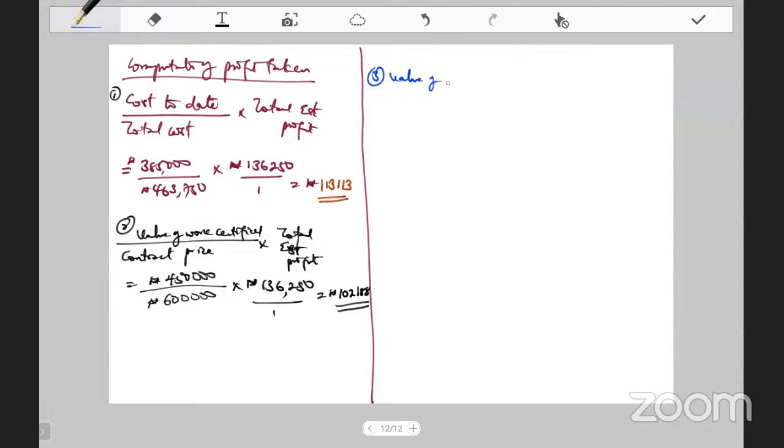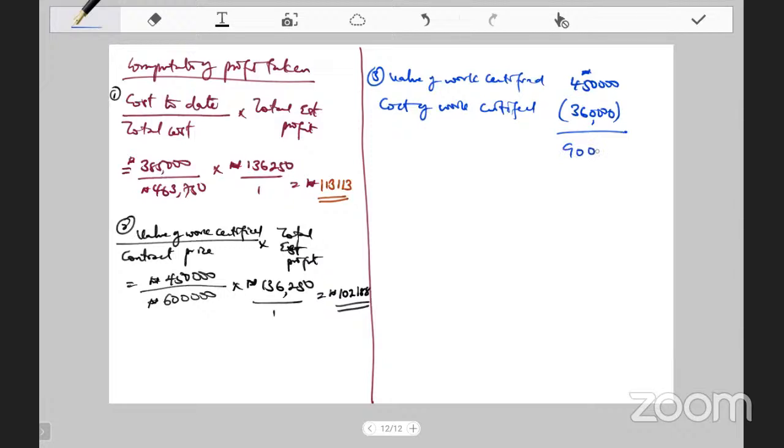Value of work certified, which is 450,000, compared to cost of work certified, which is 360,000. What's the difference of that? 90,000. Now, class, out of the three elements, which one is the lowest?